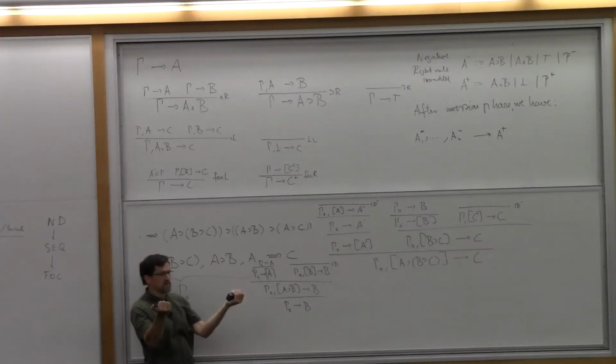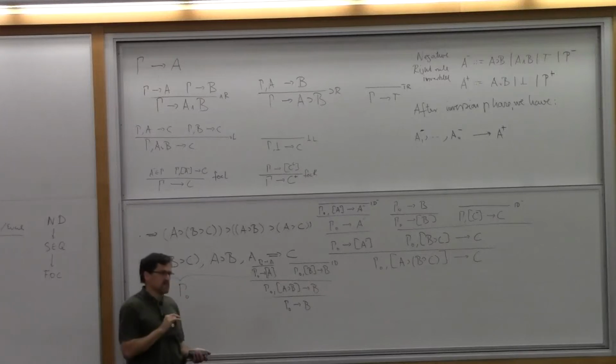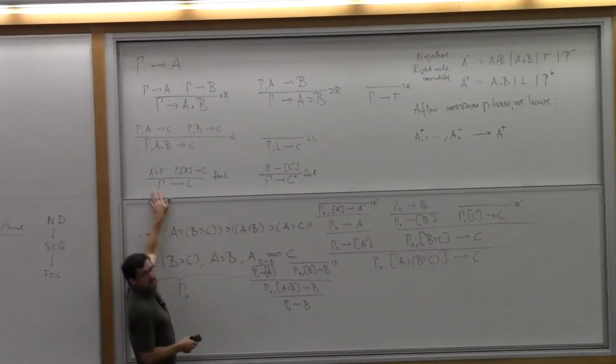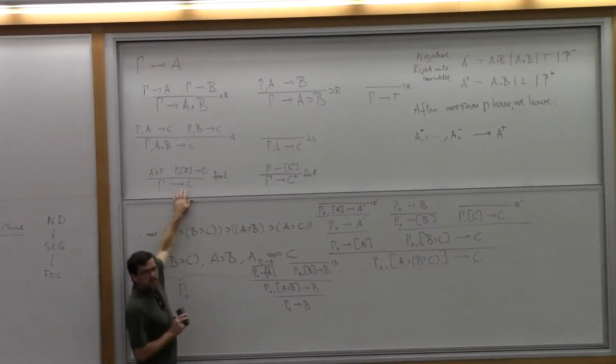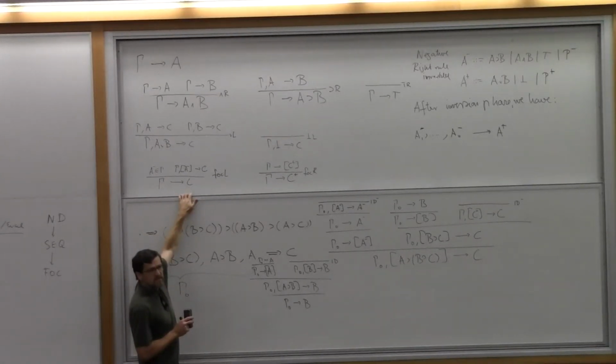Oh, so you may have a formula focused on both the left and right hand side? Not at the same time, but in our universe of possible judgments, we have to have those four different ones. Can you say the other two again? It's a hypothesis on the left and a conclusion on the right for the first two. It's a focus on the left and a focus on the right for the next two. So that's why there are four.